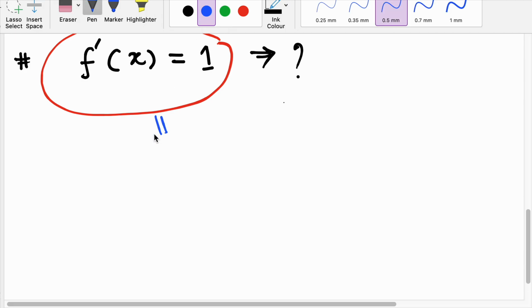It means that at this point, when the slope becomes equal to identity, the tangent and the identity line y equal to x become the same.